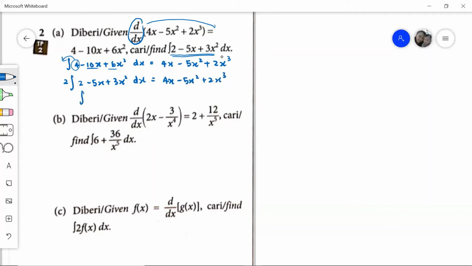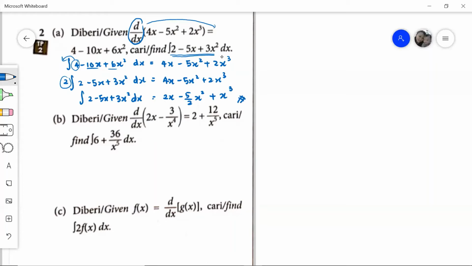To find the integral of 2 minus 5x plus 3x squared dx, we just need to bring the 2 to the other side, which means we divide the whole thing by 2. So we will have 2x minus 5 over 2 x squared plus x cubed. This is the answer for question number 2a.